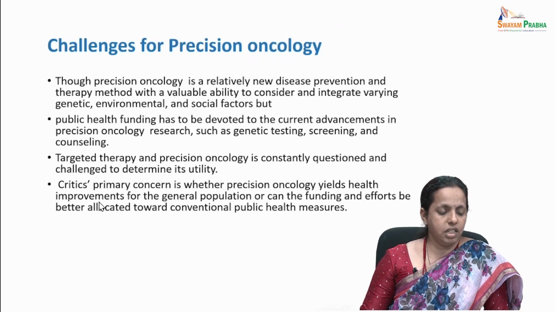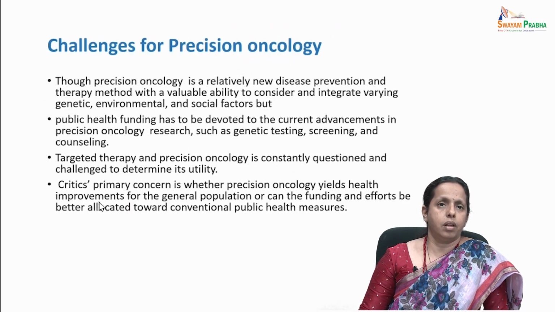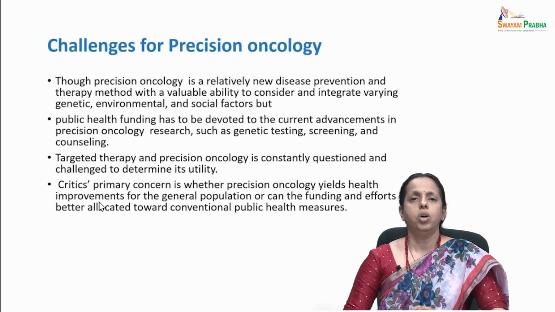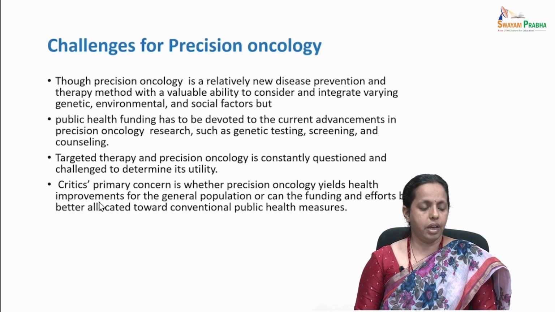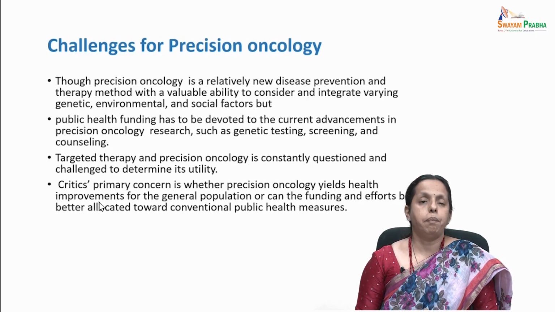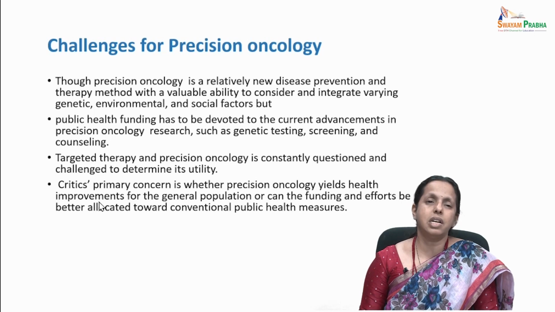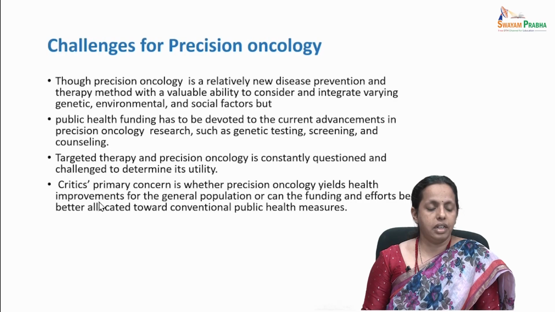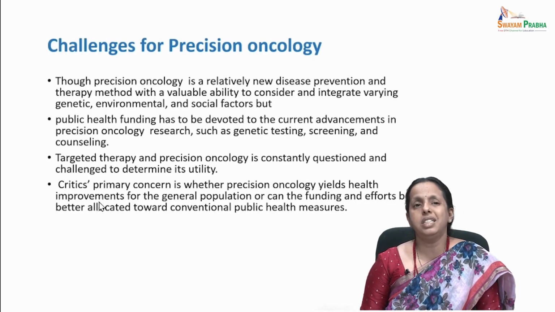What could be the challenges for precision oncology? It is a relatively new disease prevention and therapy method with a valuable ability to consider and integrate varying genetic, environmental, and social factors. But public health funding, especially in scenarios like India, has to be devoted to current advances in precision oncology, such as NGS sequencing.